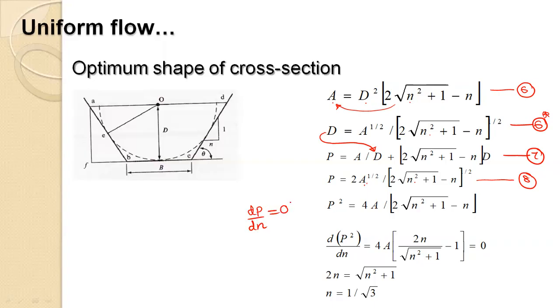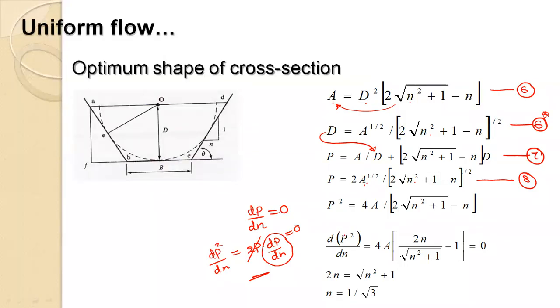Even if you take the square and differentiate it, you would get the same thing. The reason is, if you differentiate P squared by dN, this would be 2P into dP by dN. When you make it 0, since P is not a 0 quantity, dP by dN will have to be equal to 0 again.